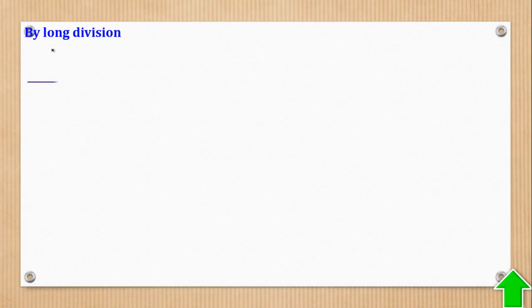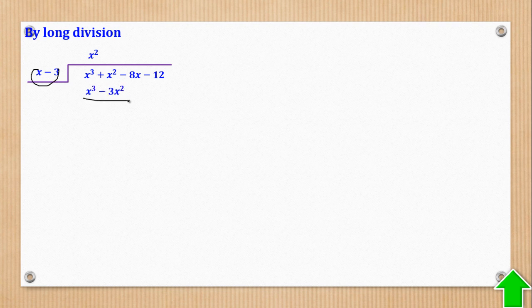By long division, I'll get the divisor here and also the polynomial here. Then I'll long divide. This divided by this, you get x squared. x squared multiplied through the divisor, you come up with this. Subtract the two, you come up with this.